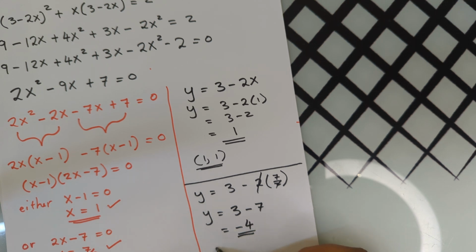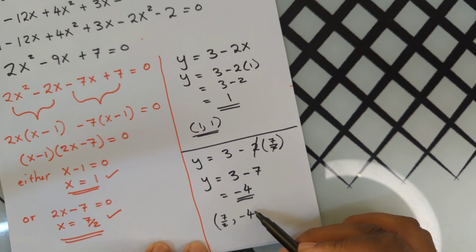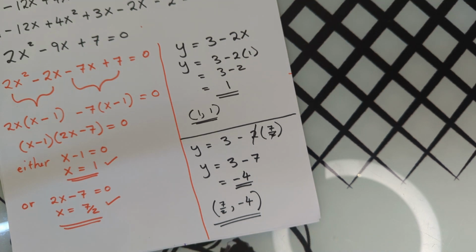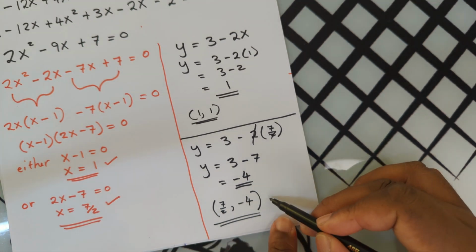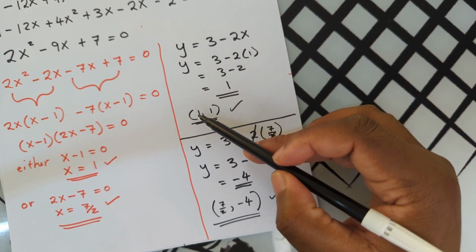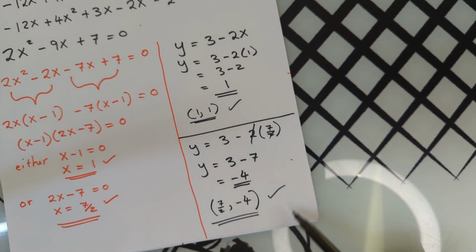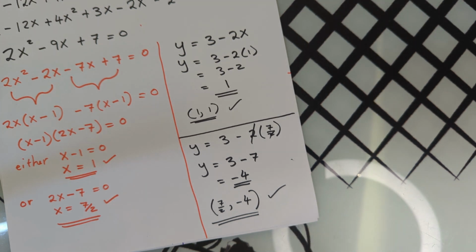So when x is 7 over 2, y is negative 4. This is another set of our solution. So when x is 1, y is 1, and when x is 7 over 2, y is negative 4. That's it for question 1.2.